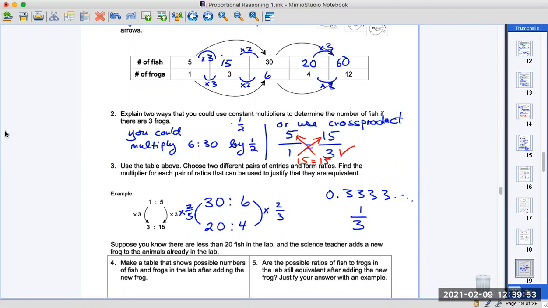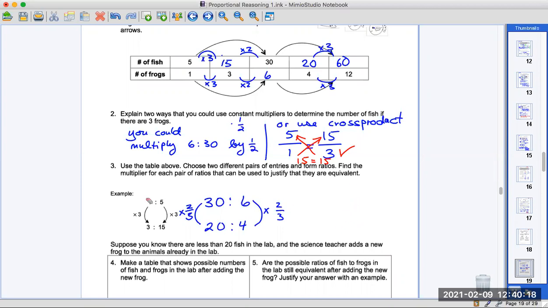How about 1/5? What would that look like? 0.2. 0.2 is the same as 1/5. That actually ends, it is an ending decimal. But I want you to recognize certain decimals and then know what the fraction is.